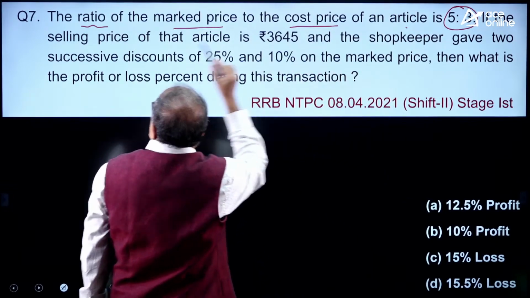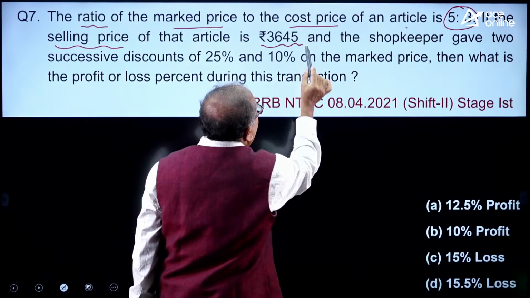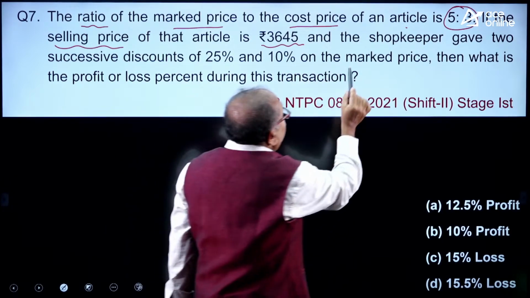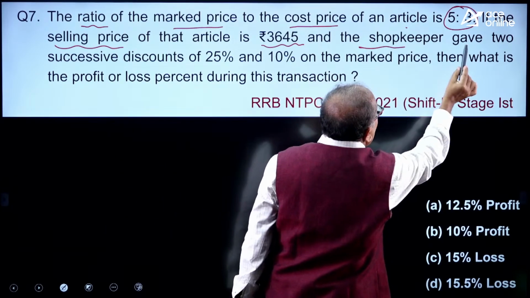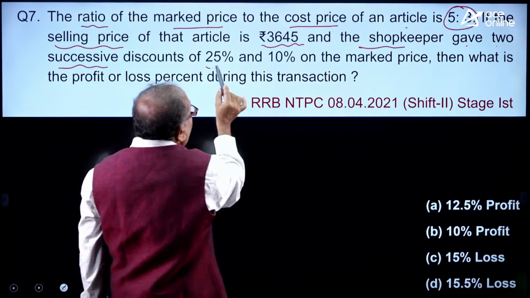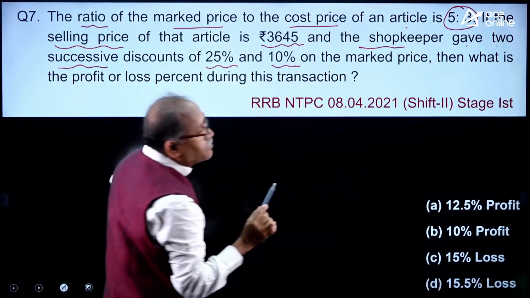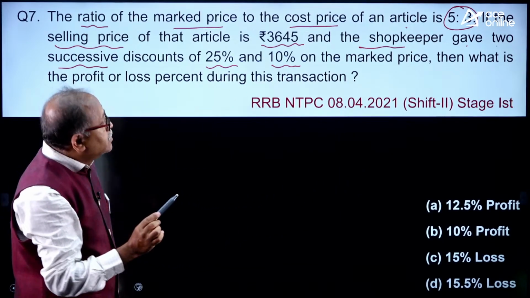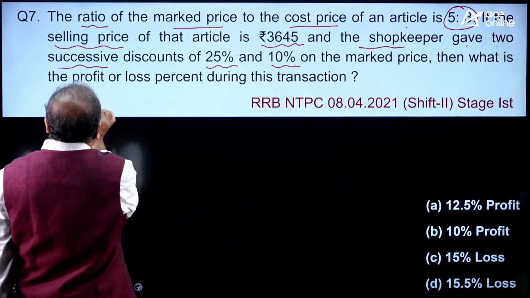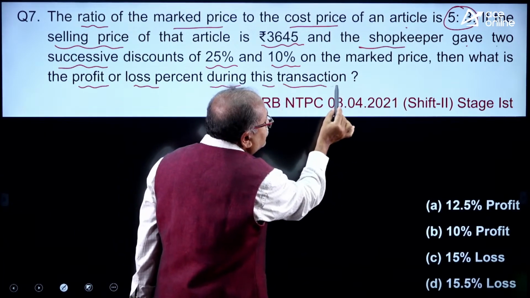Now, if the selling price of that article is 3645 and the shopkeeper gave 2 successive discounts of 25% and 10% on the mark price, then what is the profit or loss percentage in the transaction, right my friends.